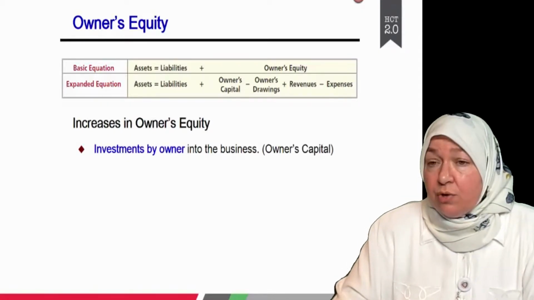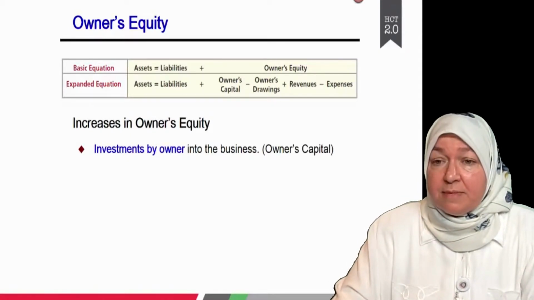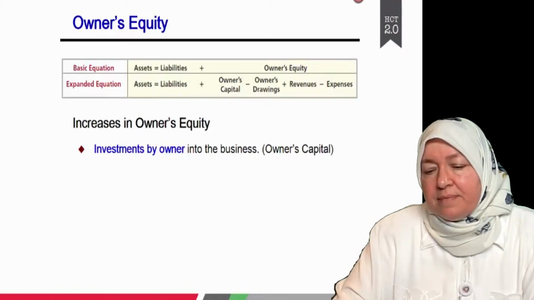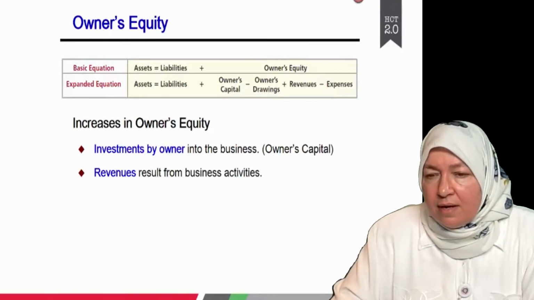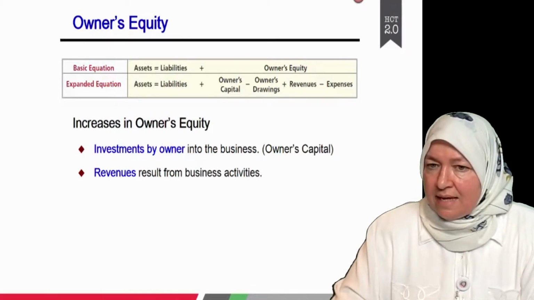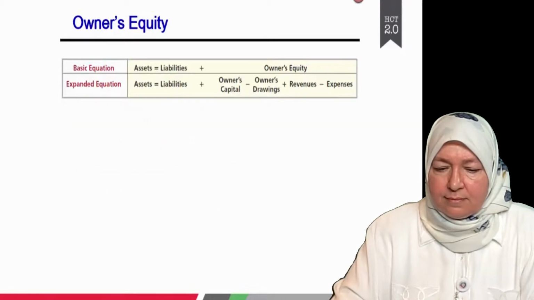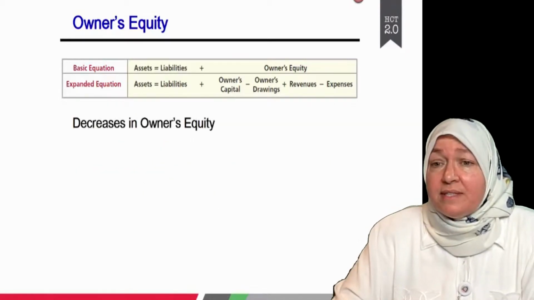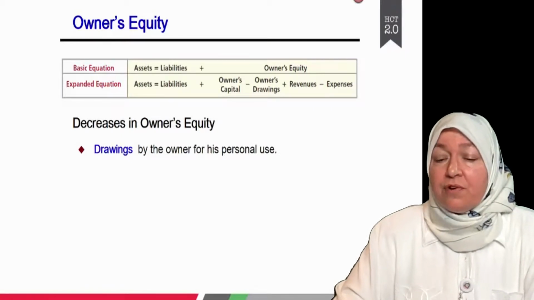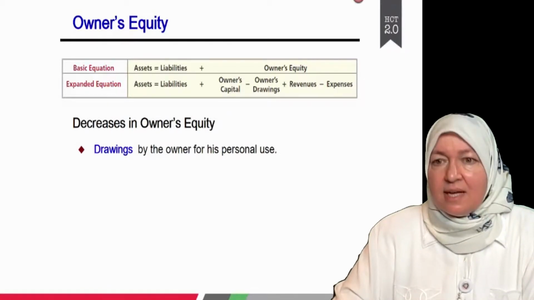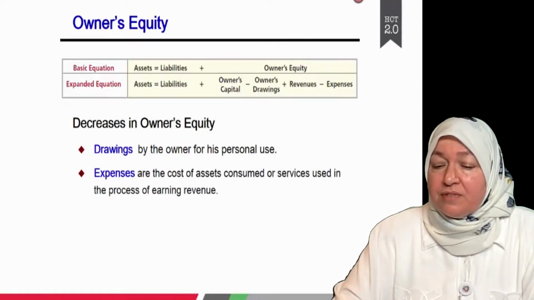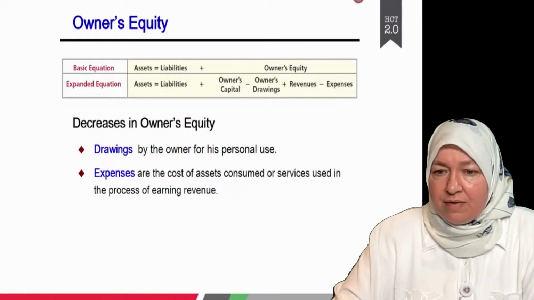The increase in owner's equity comes from investments by the owner in the business, which we call capital, and from revenues resulting from business activities and operations. Decreases in owner's equity come from drawings by the owner from the business for personal use, and expenses, which are the cost of assets consumed or services used in the process of earning revenue.